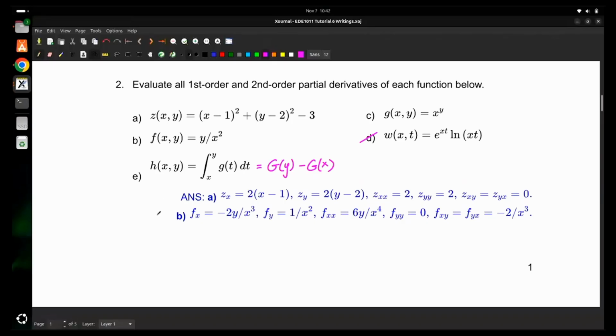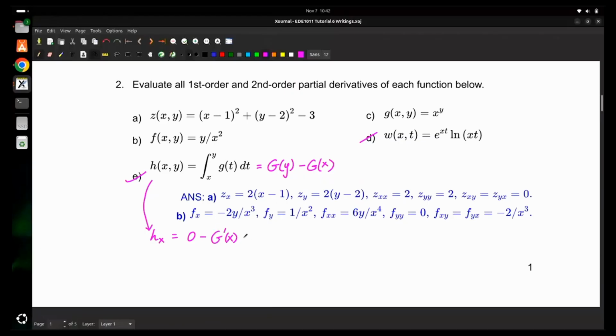So then, from here, you want h sub x. So this is actually quite easy. H sub x is obviously just differentiating this whole expression. So the first term is 0. 0 minus big G prime of x. But big G prime of x is obviously small g, because integrate small g get big G, differentiate big G get small g.